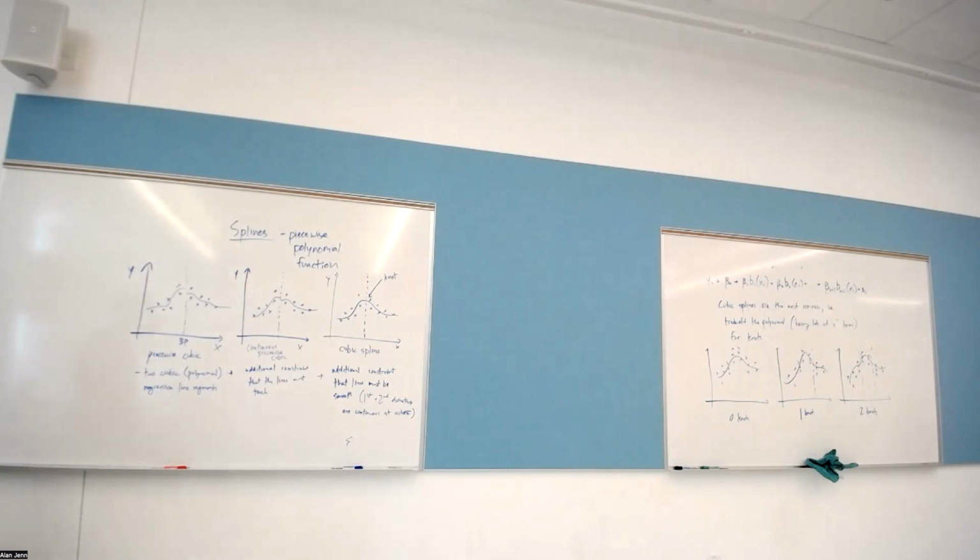So how do I choose the number of knots? If I add more and more knots, my lines get squigglier and squigglier, right? So that would be an example of overfitting.